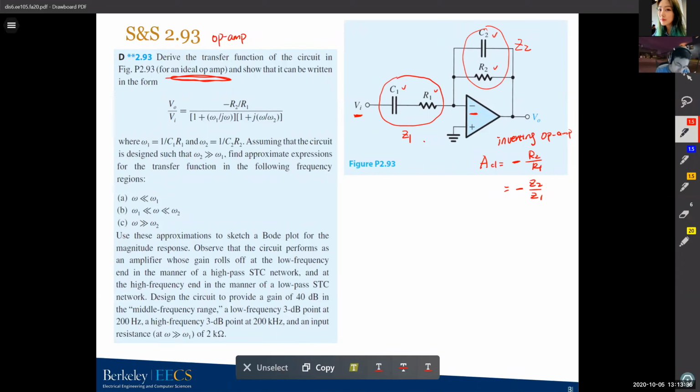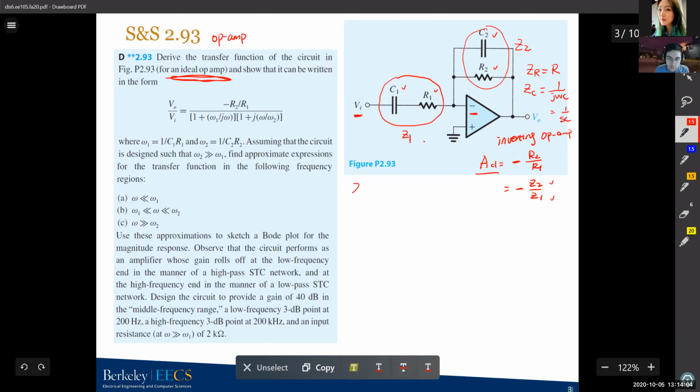The impedance of a resistor is always itself, but the impedance of a capacitor will be (j omega C) inverse, or (sC) inverse. To find the gain of this closed-loop inverting op-amp, we have to find Z2 and Z1 first.